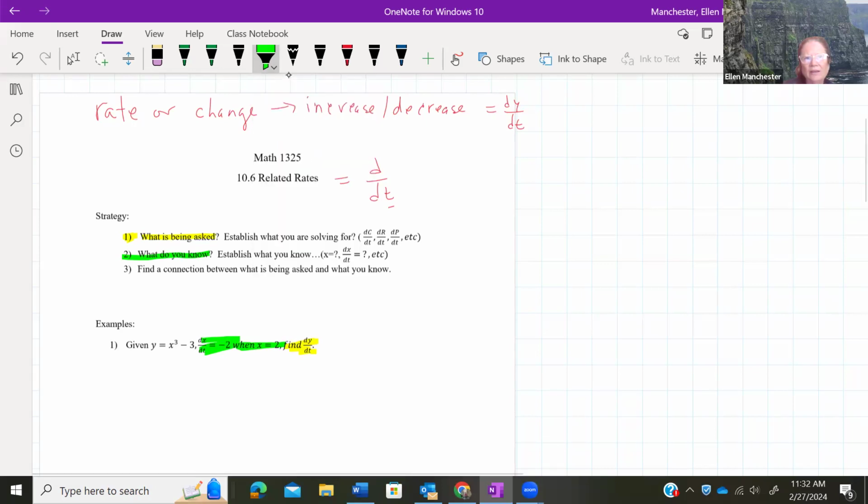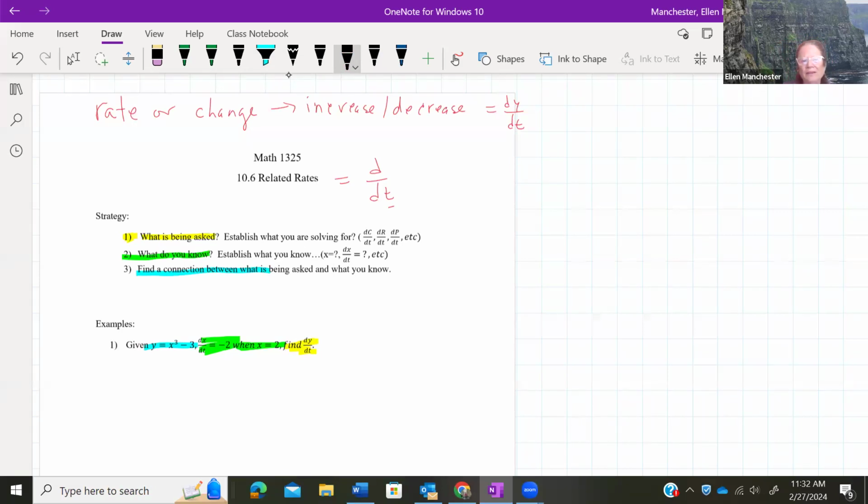And then the connection is just whatever the formula is, whatever given function or equation. So these are easy. They just give you the information. It's when we get to the word problems that it gets a little more challenging. All right, so here we go.